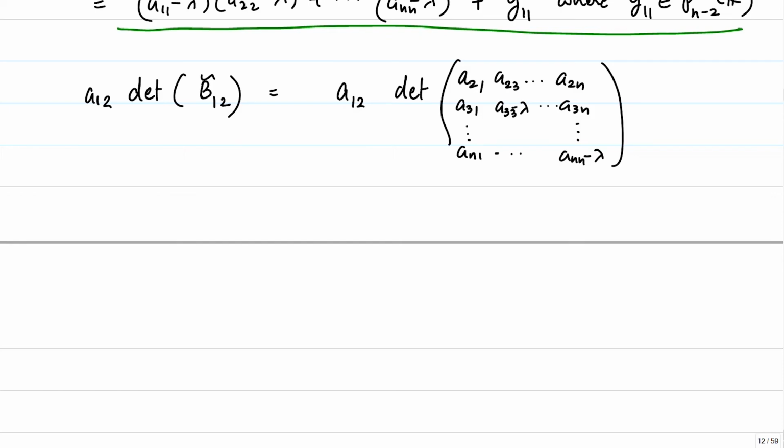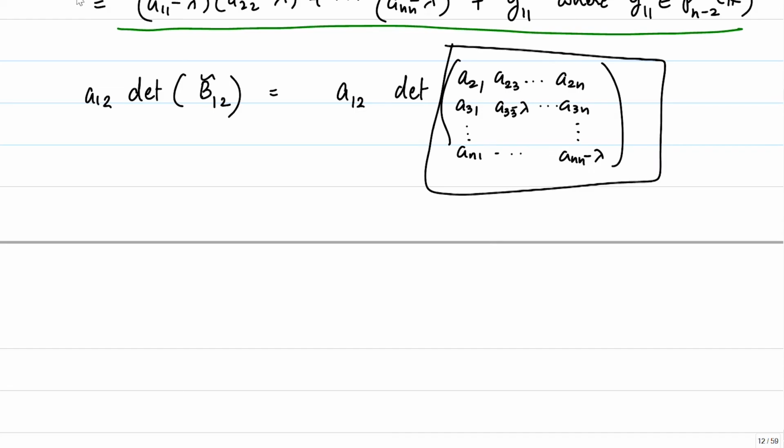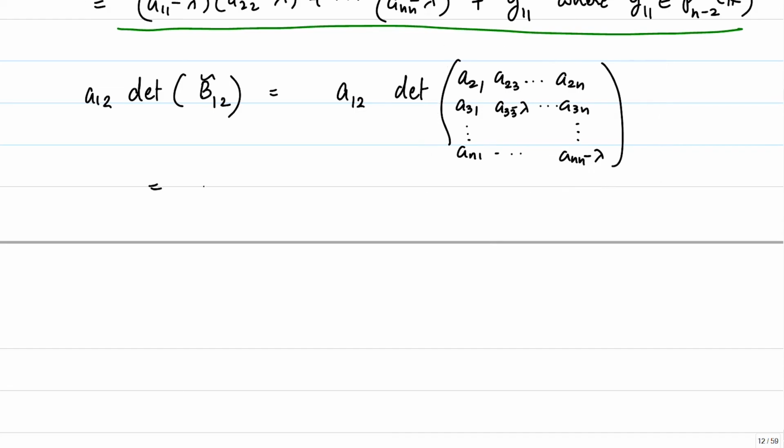Now look at the determinant of this matrix by looking at the cofactor expansion along the first column, the first column of this matrix which I have just put in the box. What will it be? This will be some A21 times the determinant of a matrix. This is an n minus 1 cross n minus 1 matrix, so this is going to be an n minus 2 cross n minus 2 matrix.